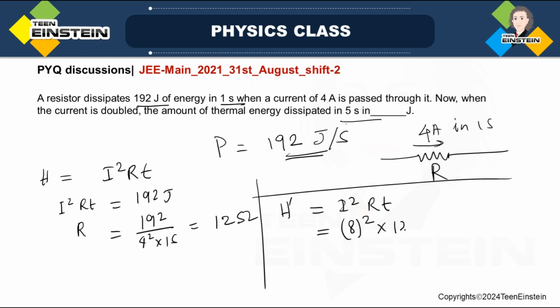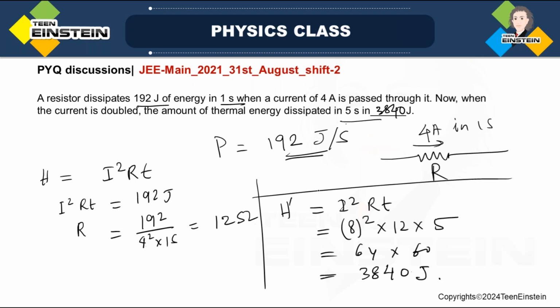What is R? R is 12. T is actually 5 seconds. So I have 64 into 60, so 3840 joule.